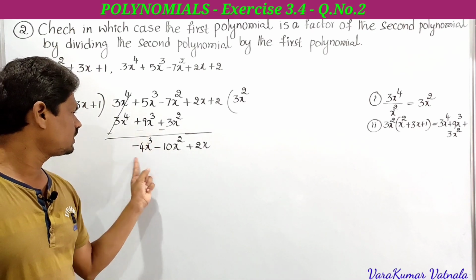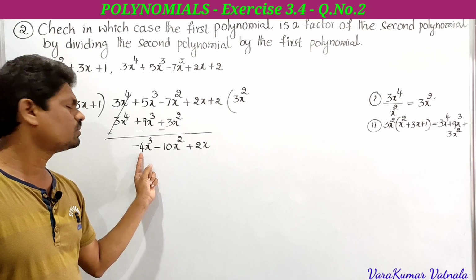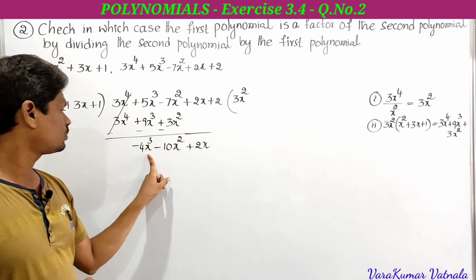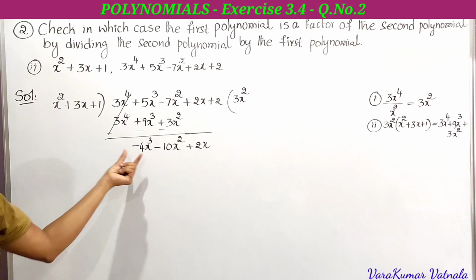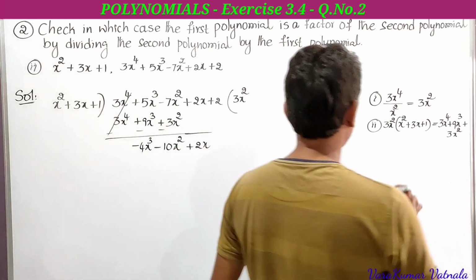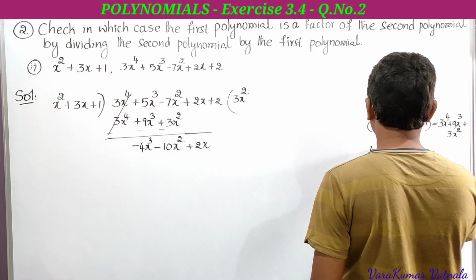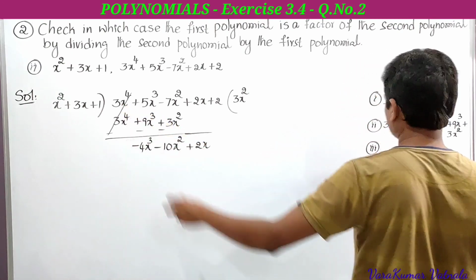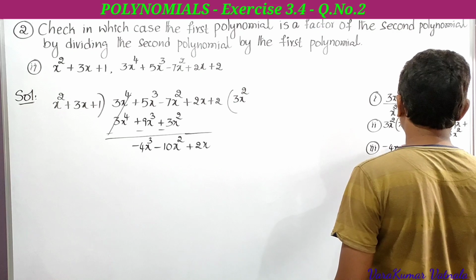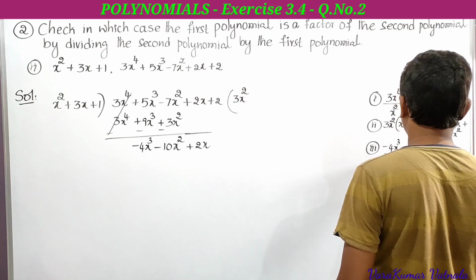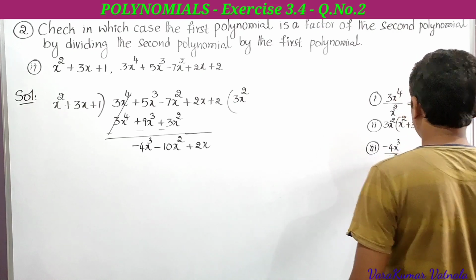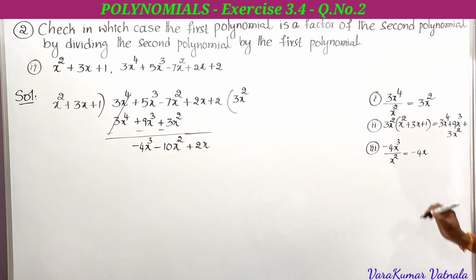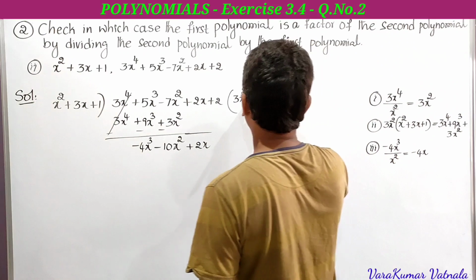So again this becomes a dividend now. Again the highest degree term is minus 4x cube. Again the same step you have to follow. So divide minus 4x cube by x square. Minus 4x cube divided by x square is equal to minus 4x. So write this in the quotient area.